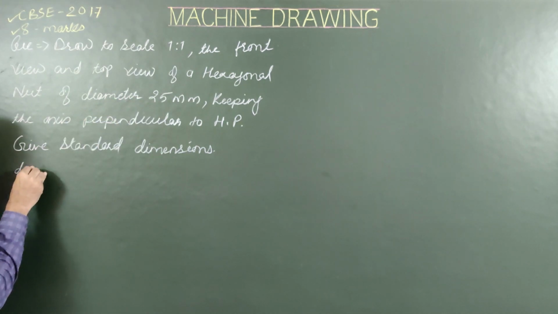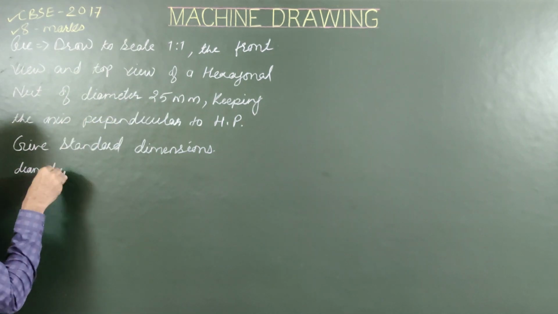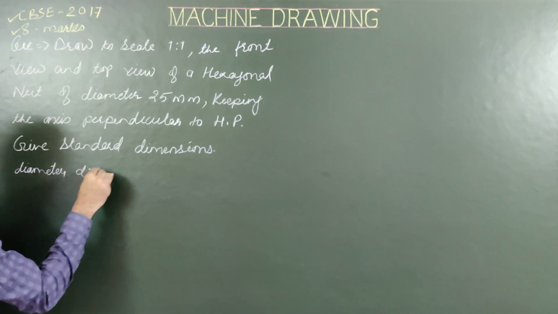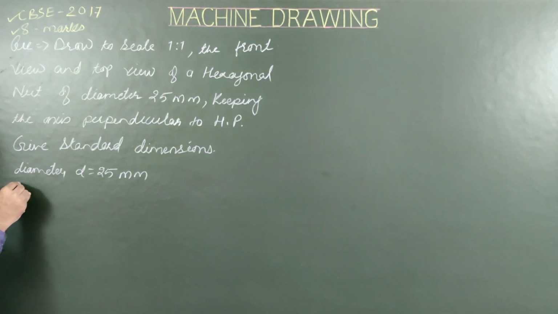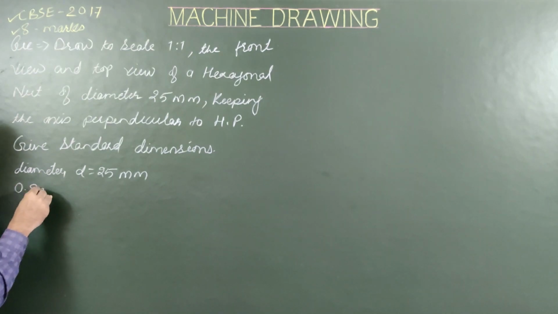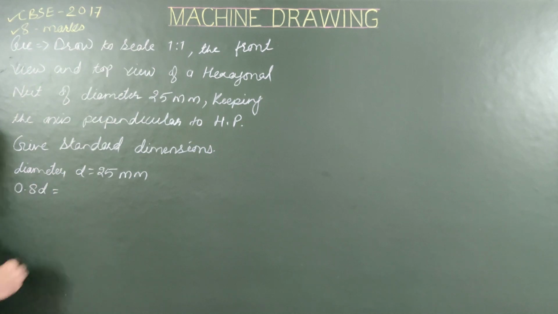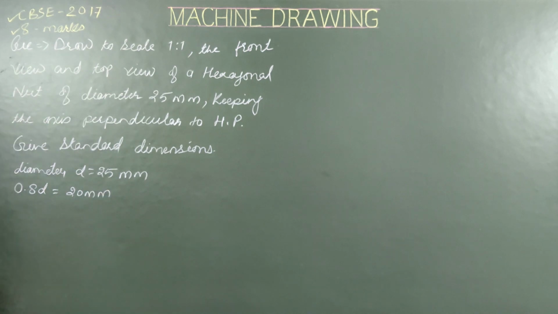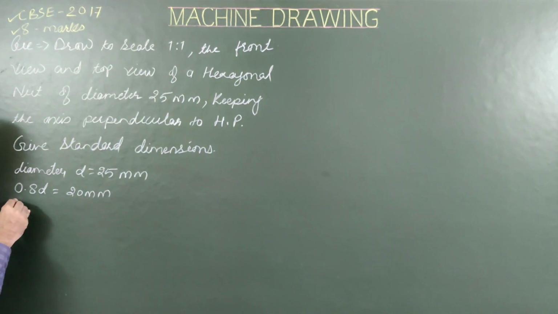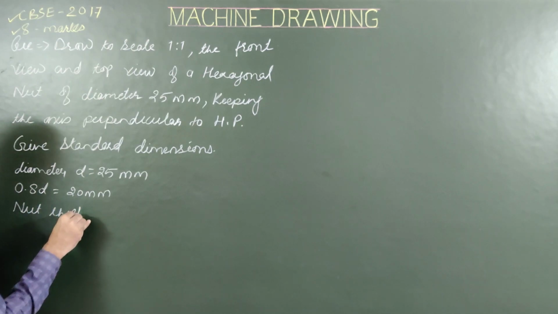First is diameter, D is 25 mm. Second, diameter of inner thread, 0.8 of D, 0.8 of D is 20 mm. Third, nut thickness.